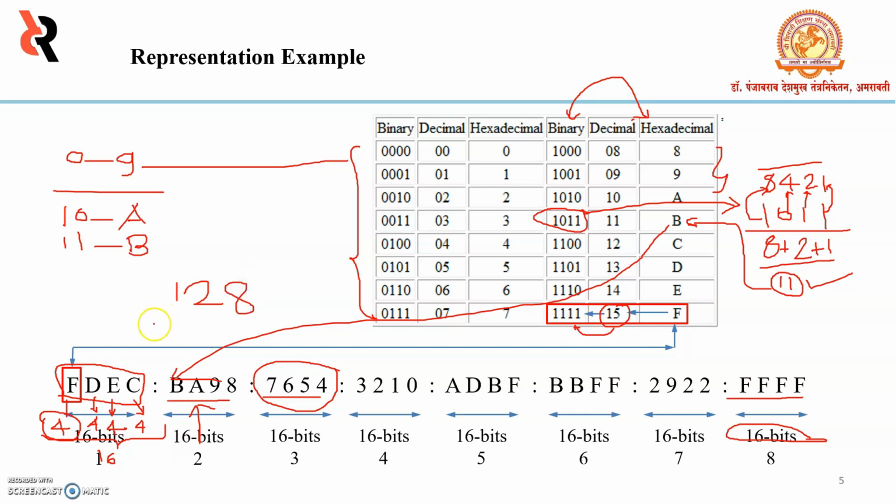So when we take the power of 2 to 128, how much? I don't think your calculator works over here. It is very difficult to calculate this many addresses that IPv6 can provide.